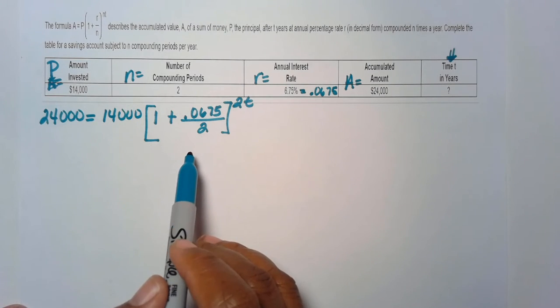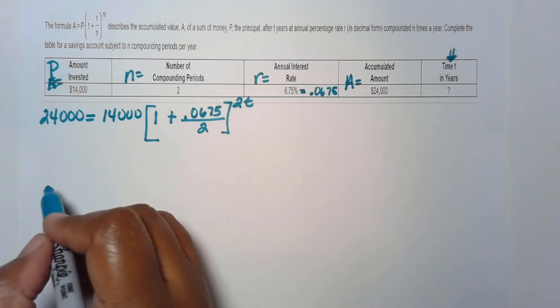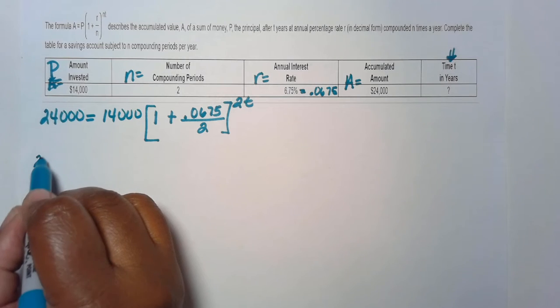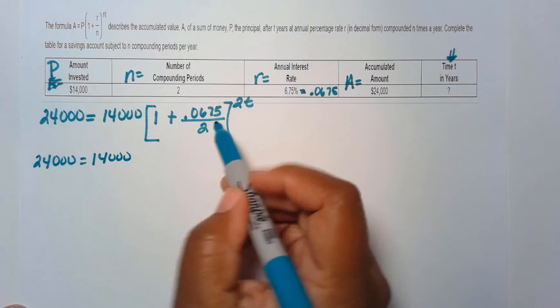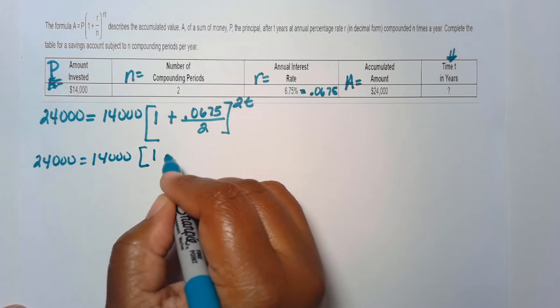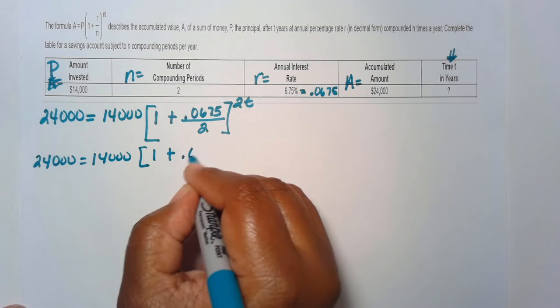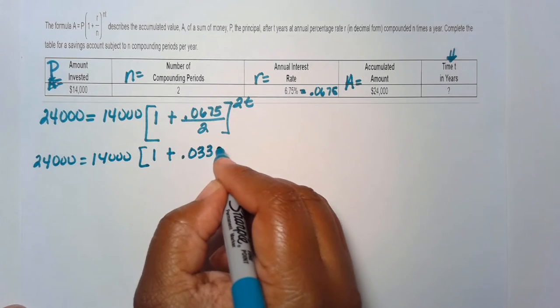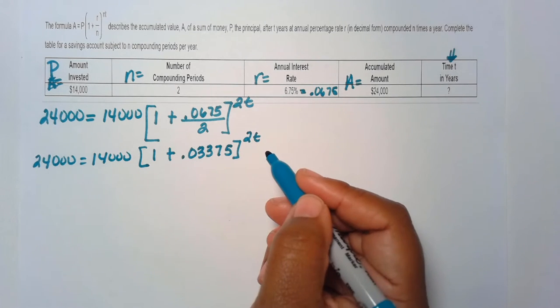Let's go ahead and take what's inside the bracket and simplify that. So we have 24,000 equals 14,000. Let's divide 0.0675 by 2, and that would give us 0.03375, raised to the 2 times t.